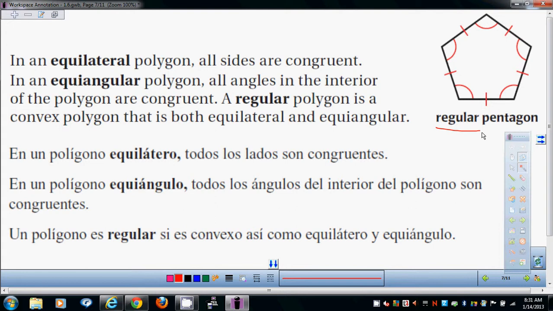Set them equal. Very good. Setting lots of things equal today, whether they be angles or sides. Questions on that vocabulary?